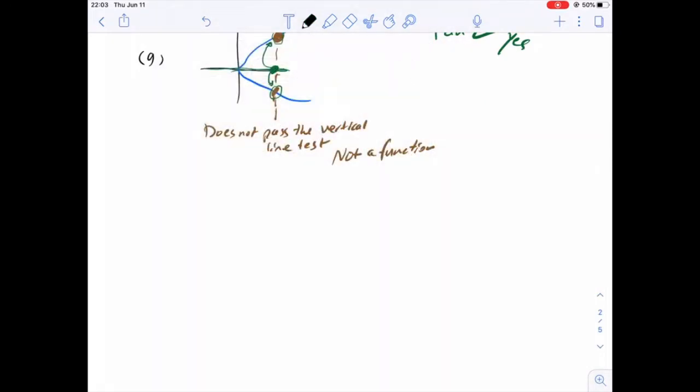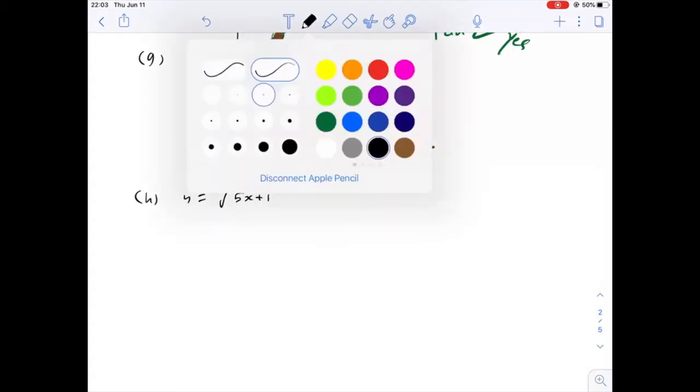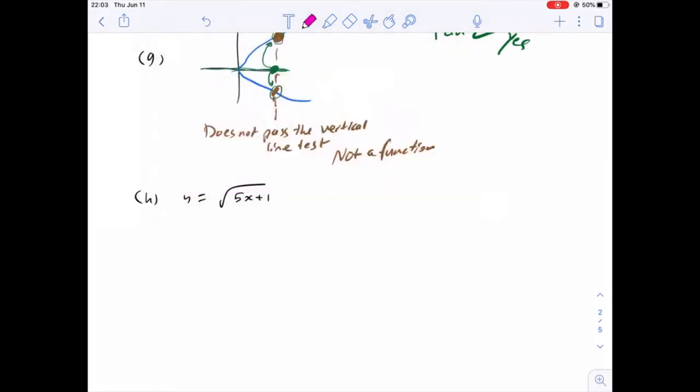Now, sometimes we give you a rule. For example, y equals square root of 5x plus 1. Is this a function? We can either graph this relation and use the vertical line test, or we can try some values.